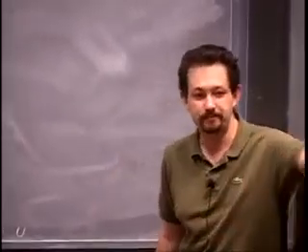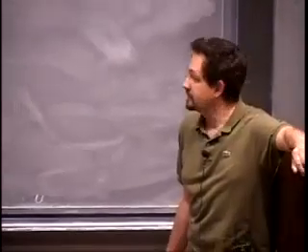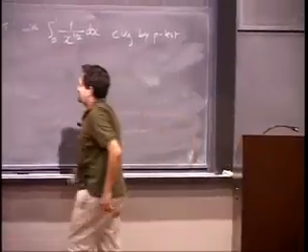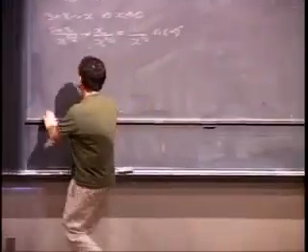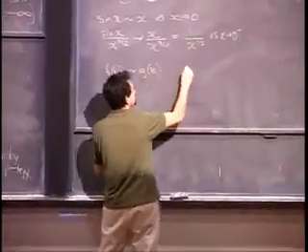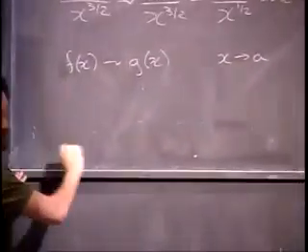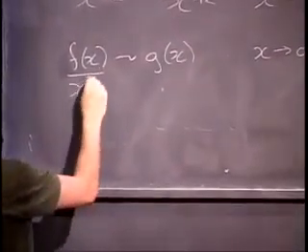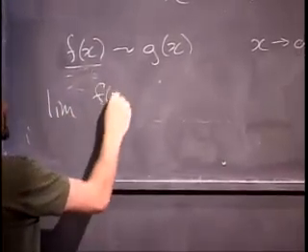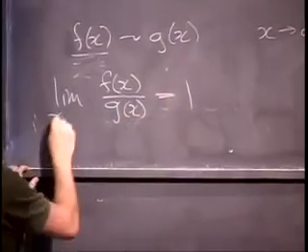Question, yeah. What is the justification for being able to divide by x to the 3/2? Doesn't that require some more justification? Suppose that you know that f of x twiddles g of x as x goes to a. I claim you can divide that by anything you want as long as it's non-zero. Why? Because you're looking at the limit of the ratio f over g, and you're saying that's equal to 1.